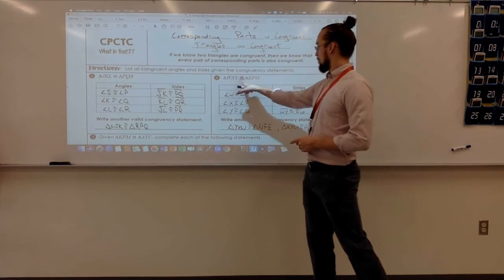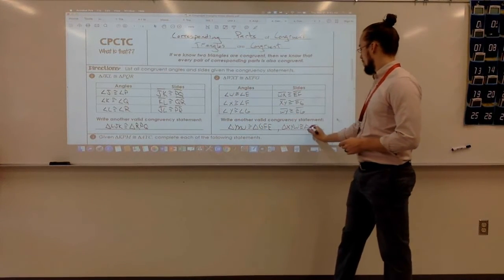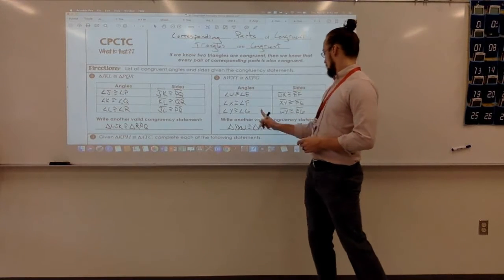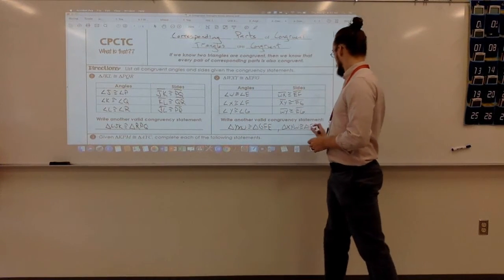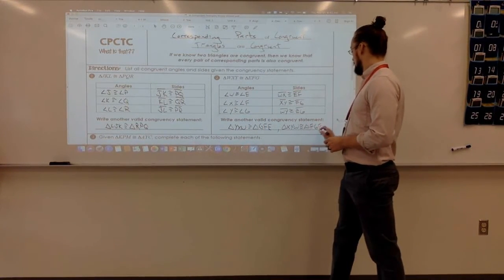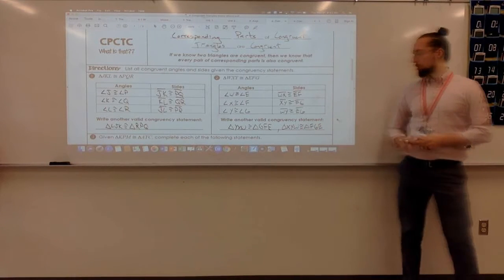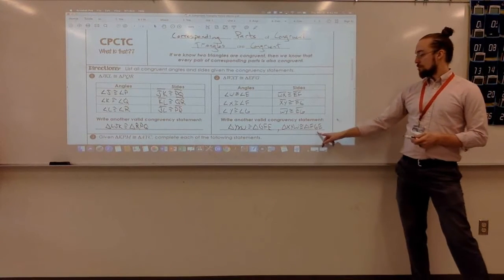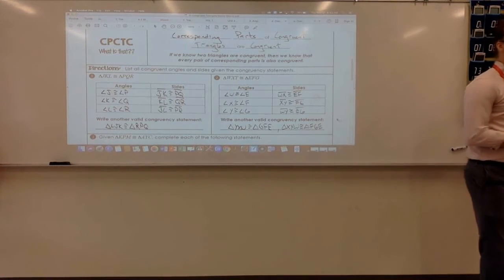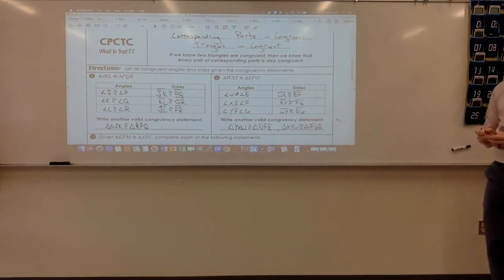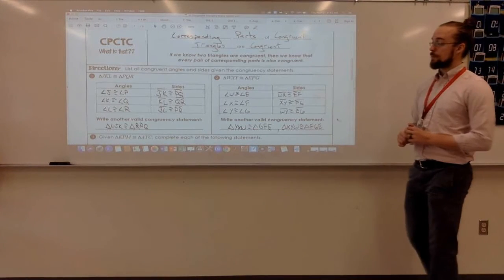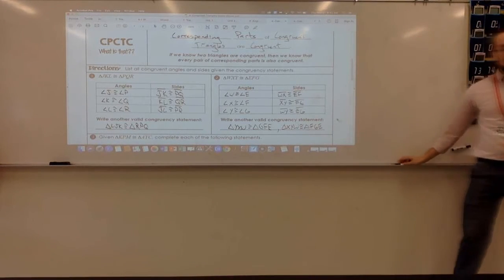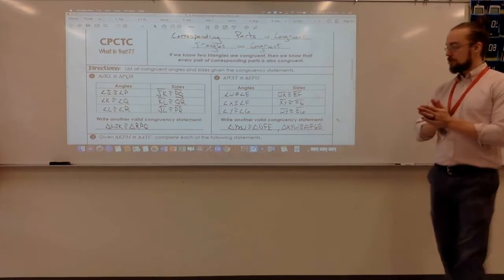Because X is in the middle, so we would have to start with F. Then Y matches up with G. And W matches up with E. So triangle XYW and FGE would be another correct way to do it. Okay, and there's even more correct ways to do it. Questions?